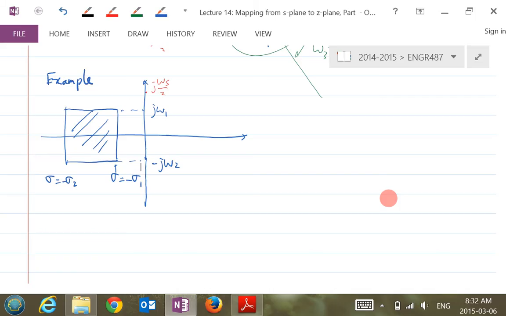Let's try the easy one maybe. There are two vertical lines, right? Those lines we call constant attenuation loci, and these two lines will be mapped into circles in the z plane.